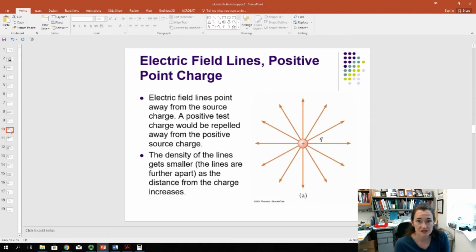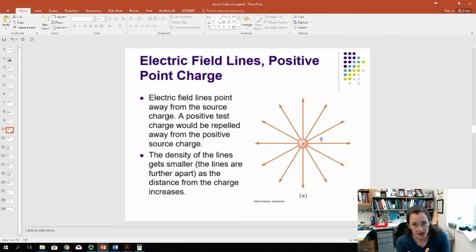Now, speaking of specific charge configurations, what would the electric field from a positive point charge look like? Now, this is a 2D representation, and remember that field lines would point in 3 dimensions. But in this 2D representation, you have a positive point charge, a positive source charge that's a point. And away from that point charge, you can see the electric field lines pointing away radially.